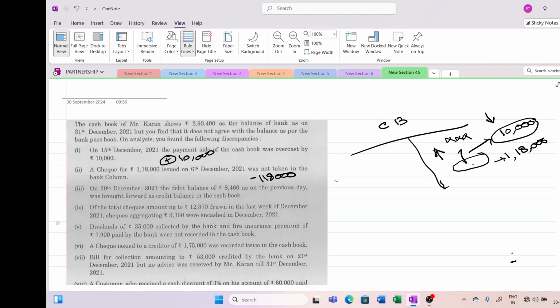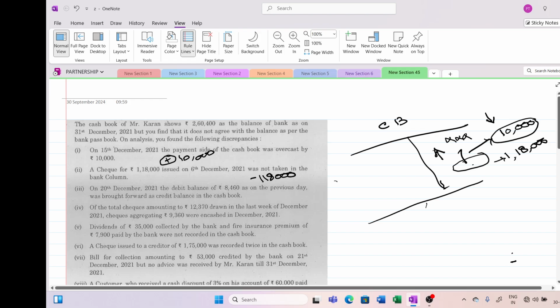Next one is on 20th December, the debit balance of 8460 on the previous day was brought forward as credit balance. See here. Here the balance was 8460 on this date. This was brought forward here.